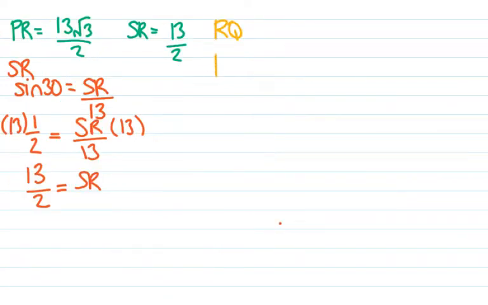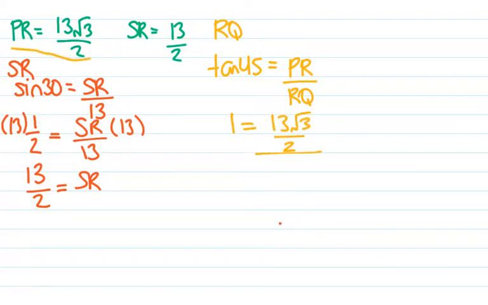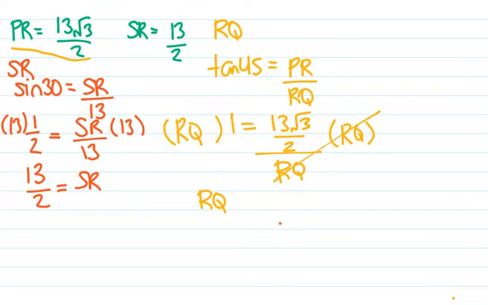So now I have tan 45 equals PR over RQ. I know that tan 45 from my special triangles is equal to 1, and PR, I already calculated, is 13 root 3 over 2, and then divide that all by RQ. Now multiply both sides by RQ to get it off the bottom. RQ times 1 is just RQ. These ones cancel out, so RQ equals 13 root 3 over 2.